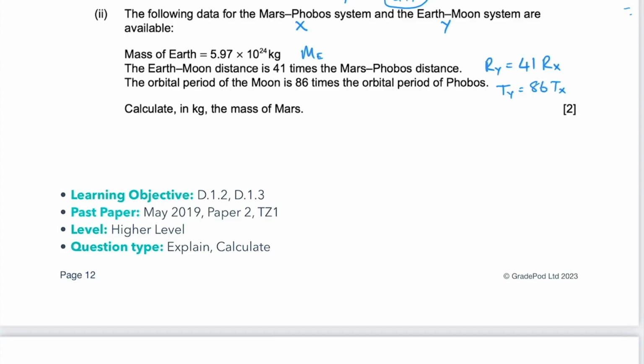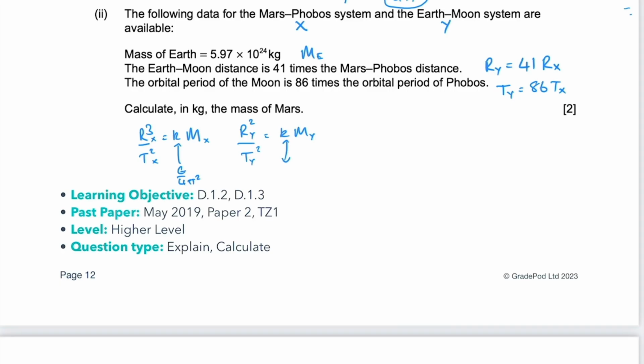And we know that r cubed over T squared is equal to kM, and that's for the X system. And we also know the same for the Y system. What we also know is that the k's are equal. That's equal to G over 4 pi squared, and so is that.